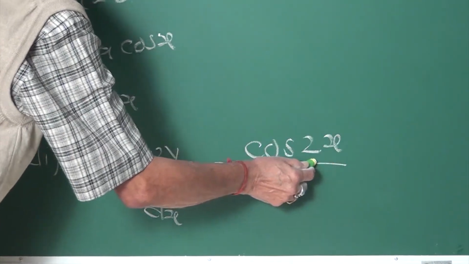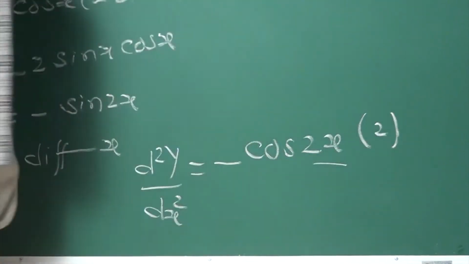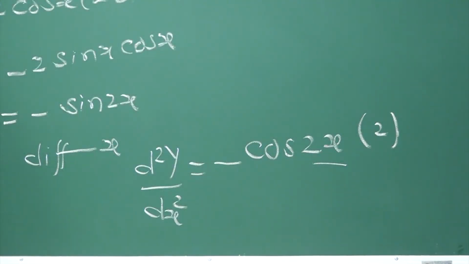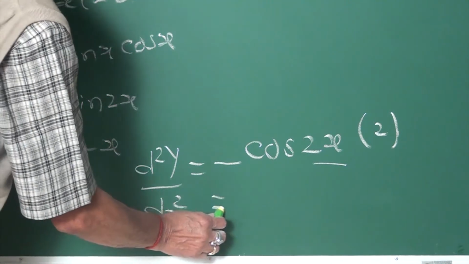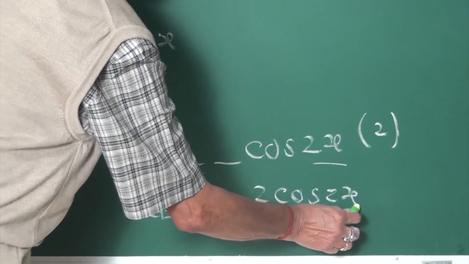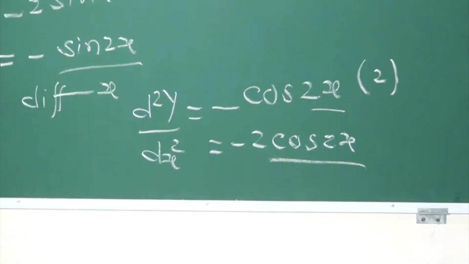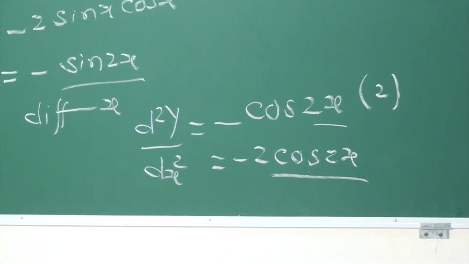Is it x? No. Then write its derivative. What is the derivative of 2x? Derivative of kx is k, so 2x gives 2. So this is minus 2 cos 2x. This is the second derivative, and the earlier one is the first derivative.